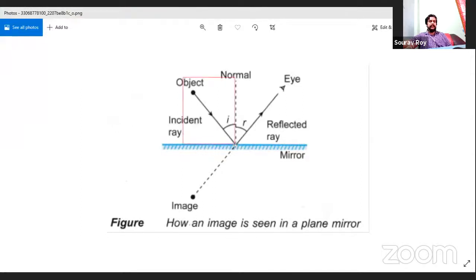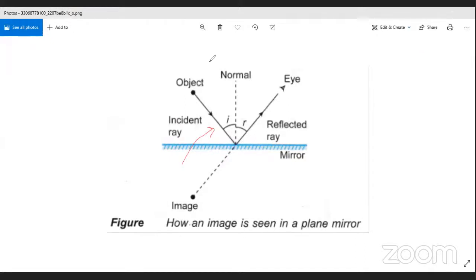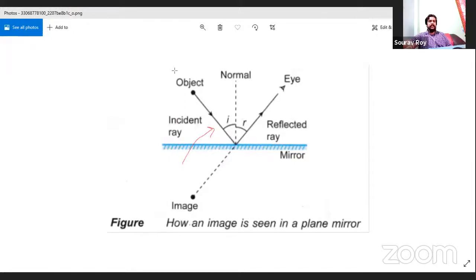This is the ray I'm talking about as the incident ray. Now, if I ask this incident ray to please tell me where the image is, it can't say, because this incident ray has the direction of this portion, and along this line I would not be able to get my image.